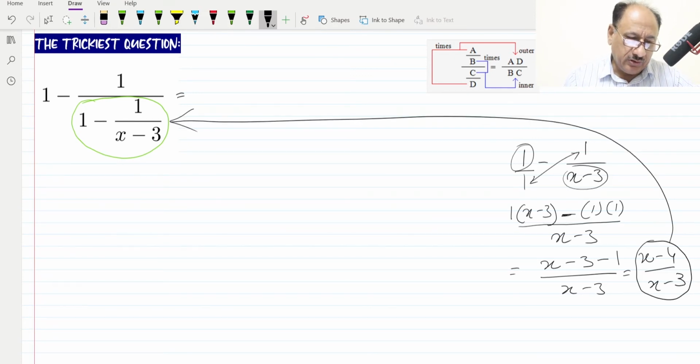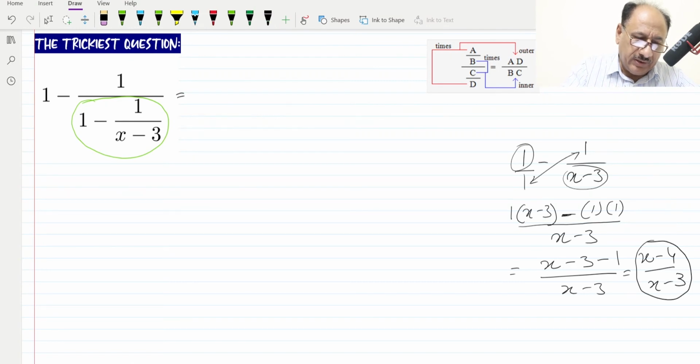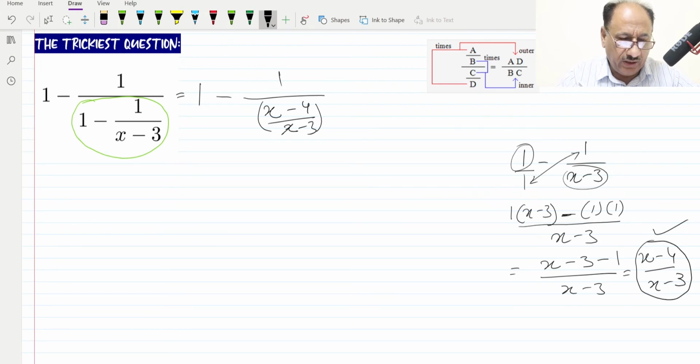So we'll be replacing it over here and we will get a new fraction: 1 minus 1 over x minus 4 over x minus 3. So this will be fraction over fraction, and now we will be applying the same rule which I have explained.